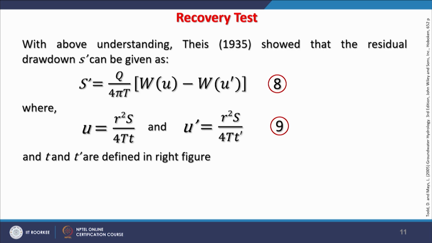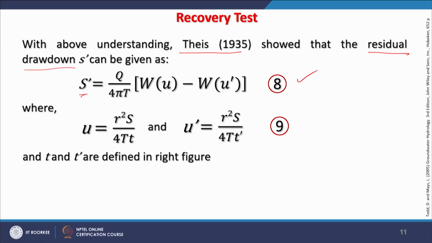Now, we can come back to our famous Theis equation for the residual drawdown, and now we will call these values with a dash. S dash can be given as S dash equals Q upon 4 pi T, bracket W(u) minus W(u dash), and this becomes our equation 8. Now, we know that u equals r squared S upon 4 pi T t.